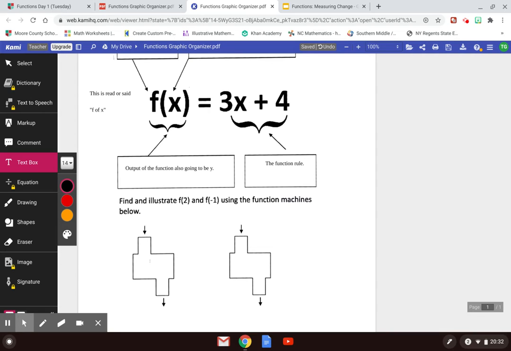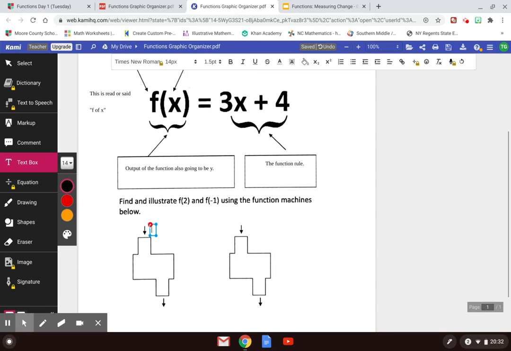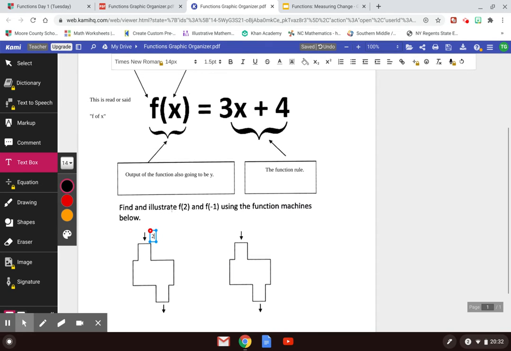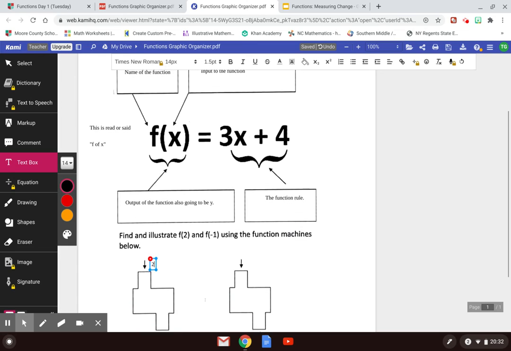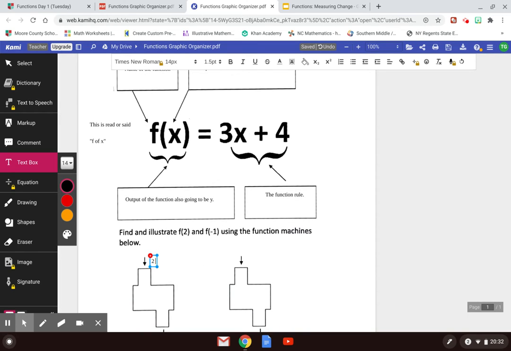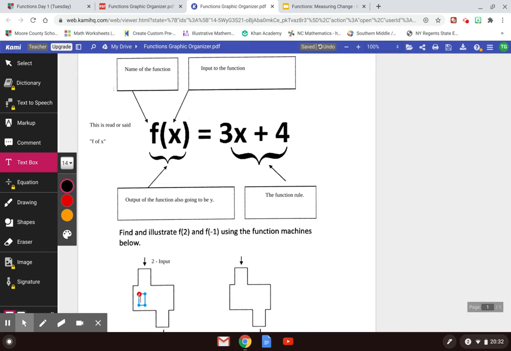This is our function machine down here. So if we have the number 2, like it says here, to find and illustrate f of 2 and f of negative 1 using the function machines below. If we say f of 2, that means that 2 is going to be the input to the function. So 2 is the input. Now here inside the machine, we have our function rule of 3x plus 4.